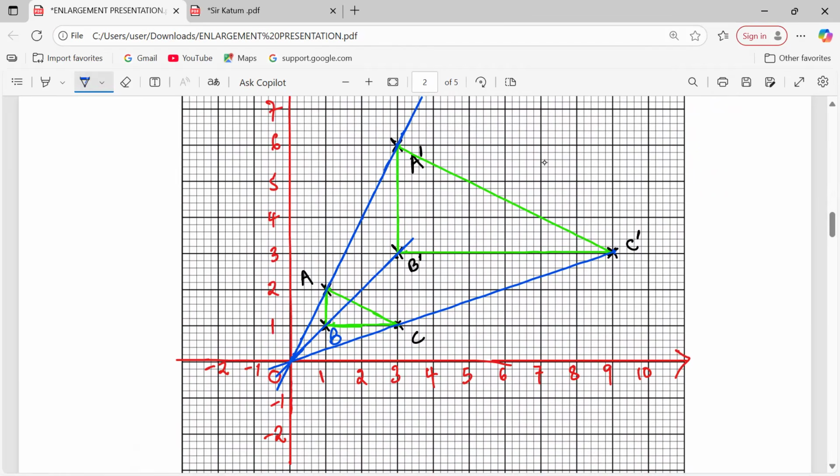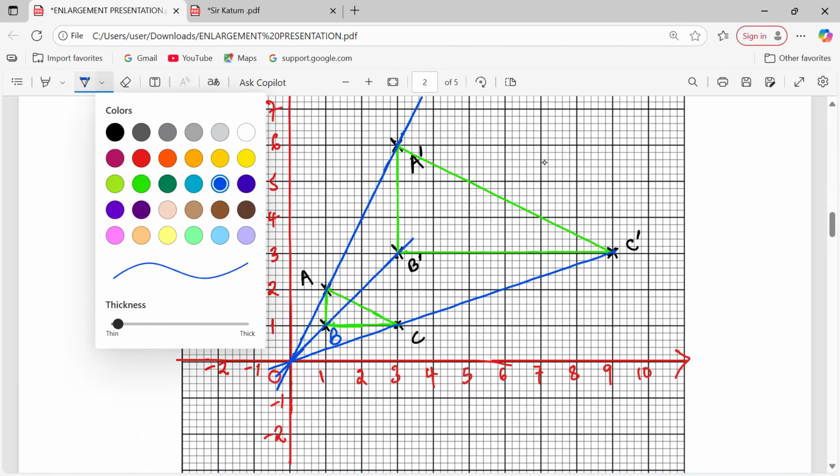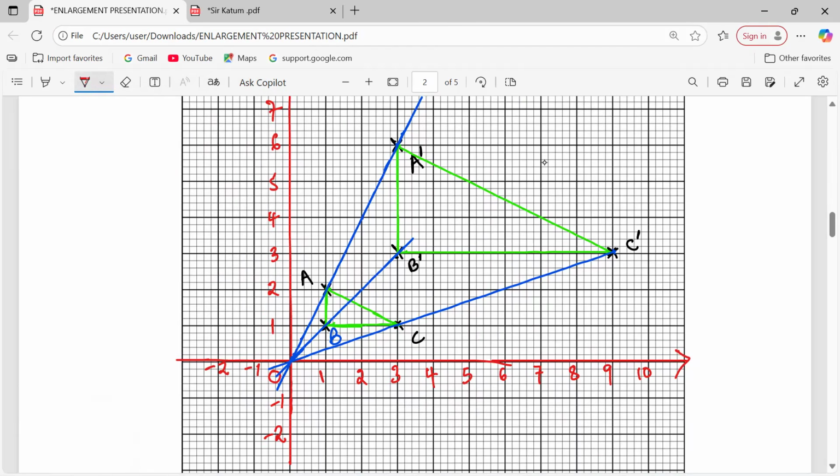For instance, let me use a different color, and I prefer a conspicuous color. Let me pick the red, just for emphasis. So we can pick the distance from the center, which is coordinate 0, 0, as identified, to where point A is.